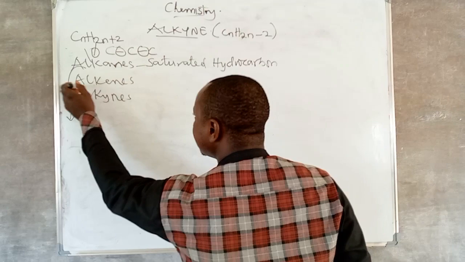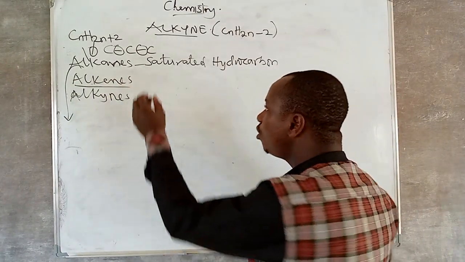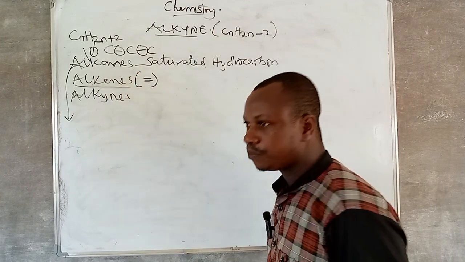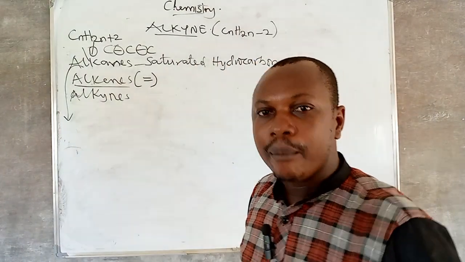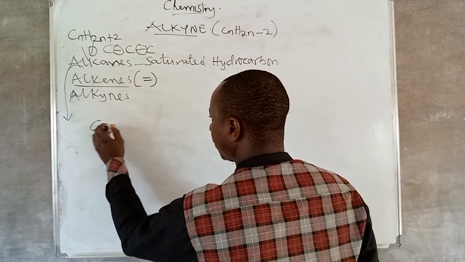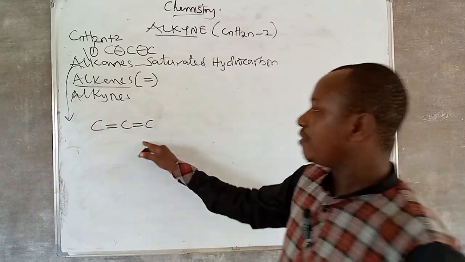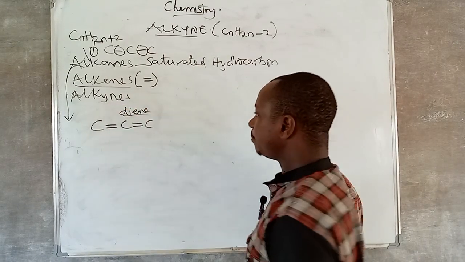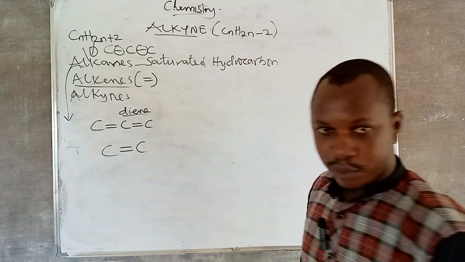Now, alkenes. These are generally known by their double covalent bond. That is to say, the bond holding carbon to carbon is double, just as you can see here. Even though the one I have written is a diene, don't worry, just get that the carbon to carbon bond is double.